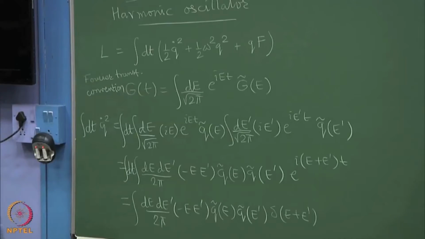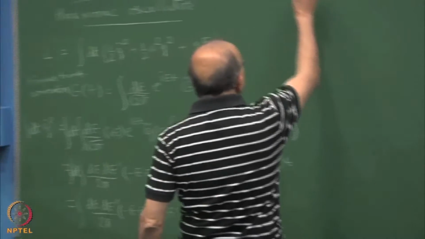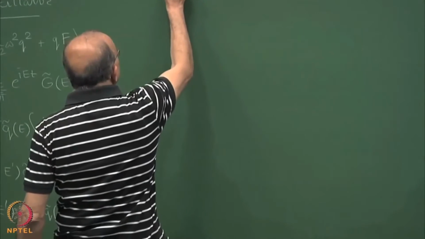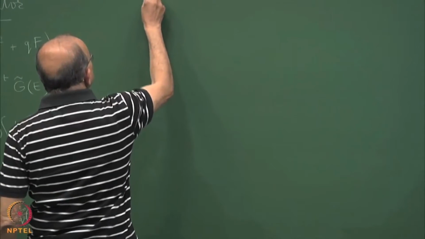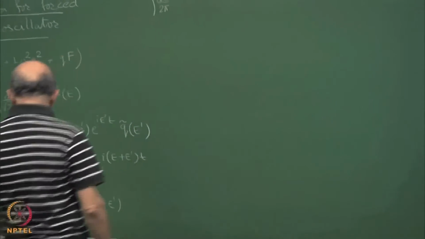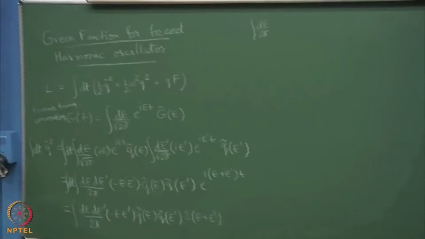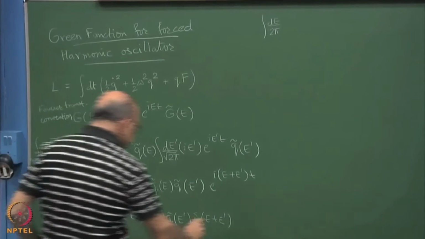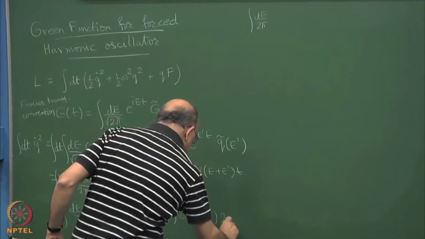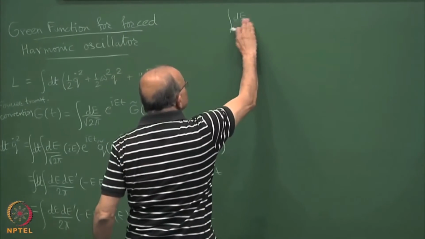So using up one of the E integrations, we will get dE over 2 pi and 2 pi delta, so 2 pi is gone, very good.